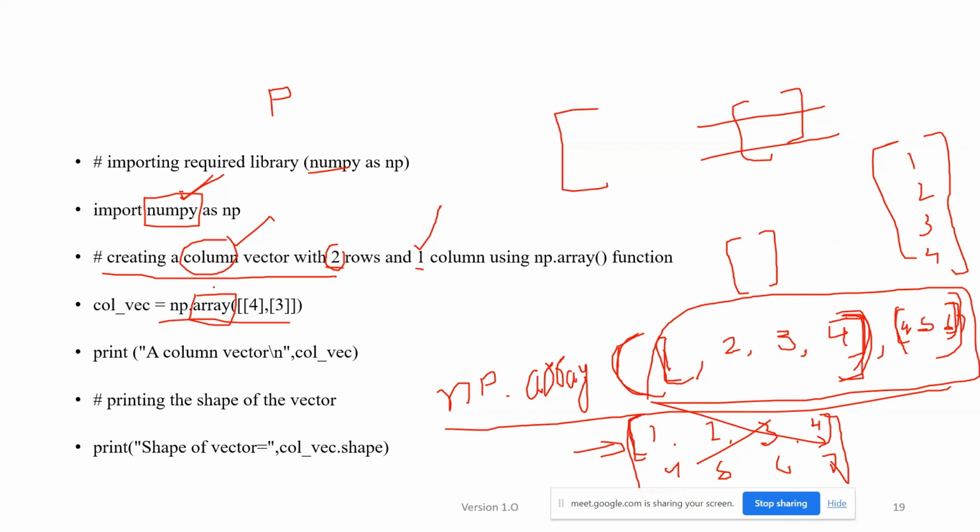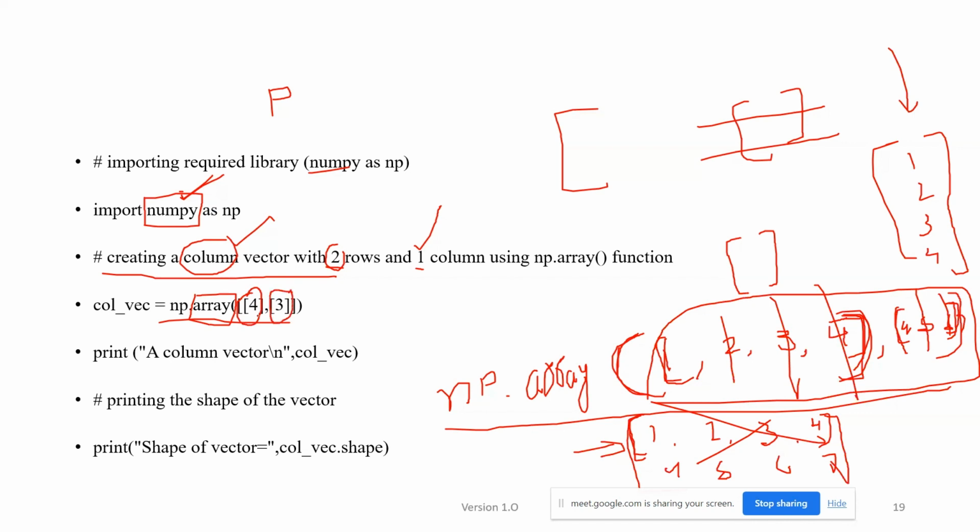A column vector is having only one column. That means it is not having a second column, third column, or fourth column. In the second row also it is having only one column. So how we represent it: this is the first row, first element, and this is the second row, first element.